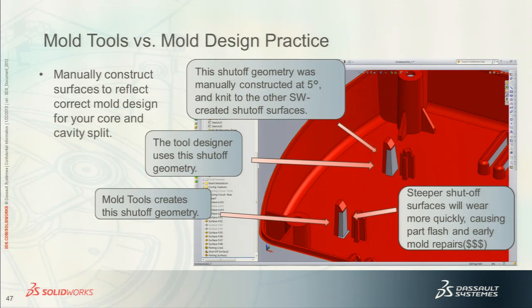I do need the 5 degrees, so I had to go in and construct that myself. So the part itself was designed at a 5-degree shutoff, but SolidWorks mold tools saw it differently, and so I had to go in and reconstruct it myself.